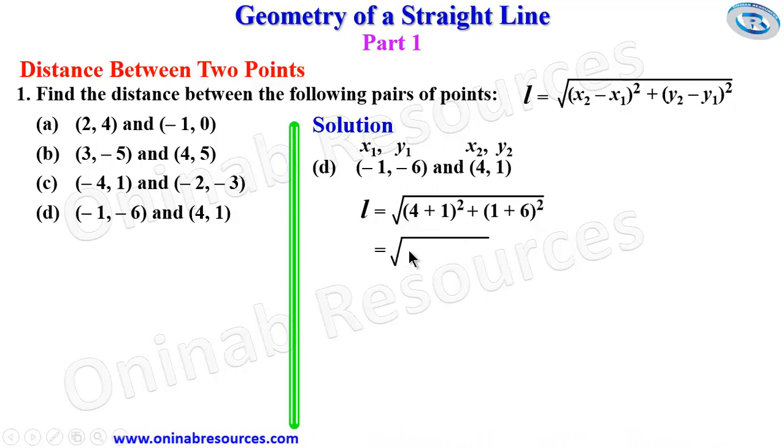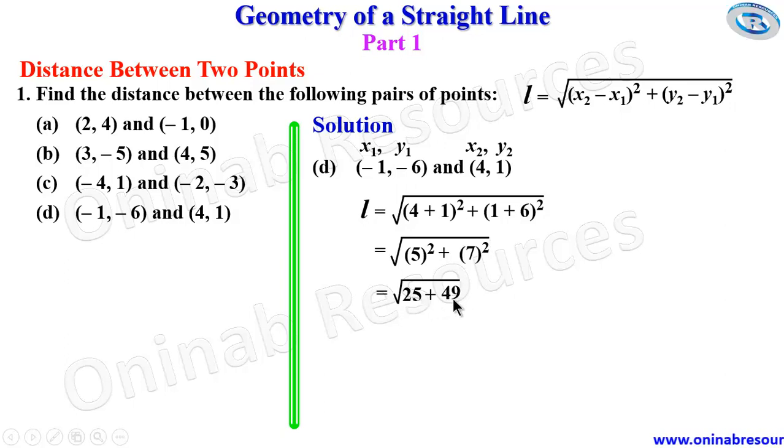This is giving us square root of 5 squared plus 7 squared. 5 squared gives 25 plus 49. So 25 plus 49 gives square root of 74 units, since this cannot be further simplified. So that's all for D, and this is the end of solution to problem 1.